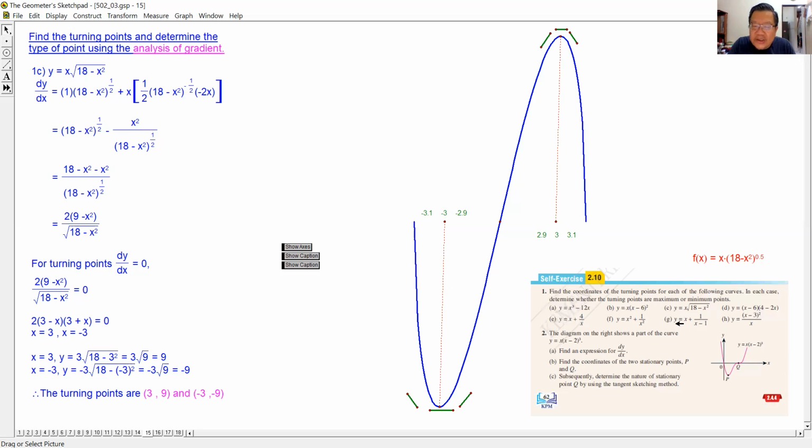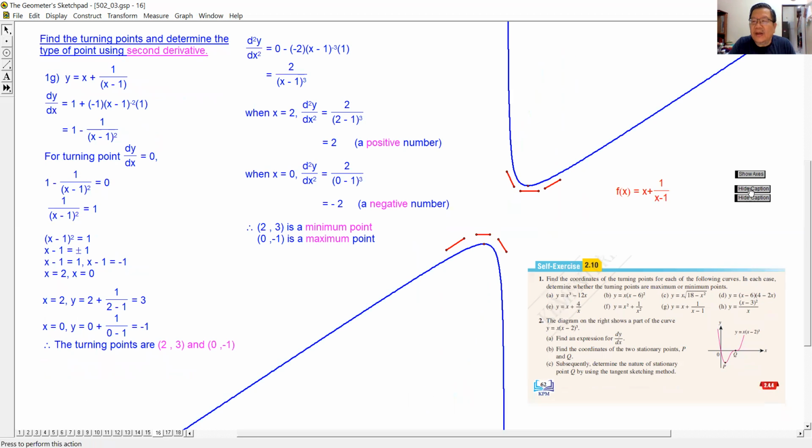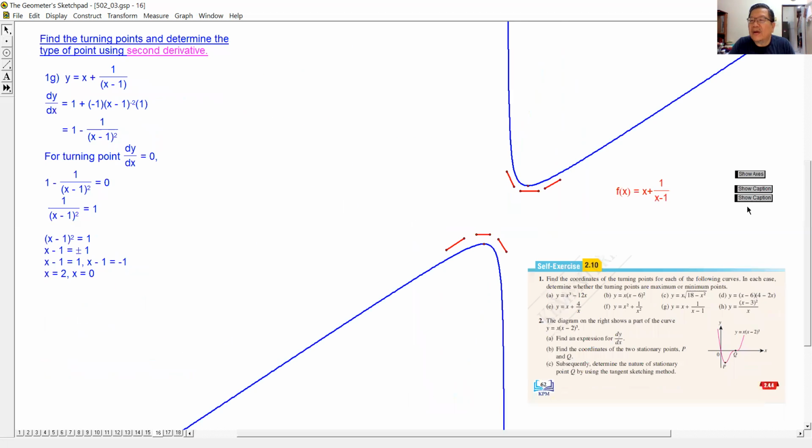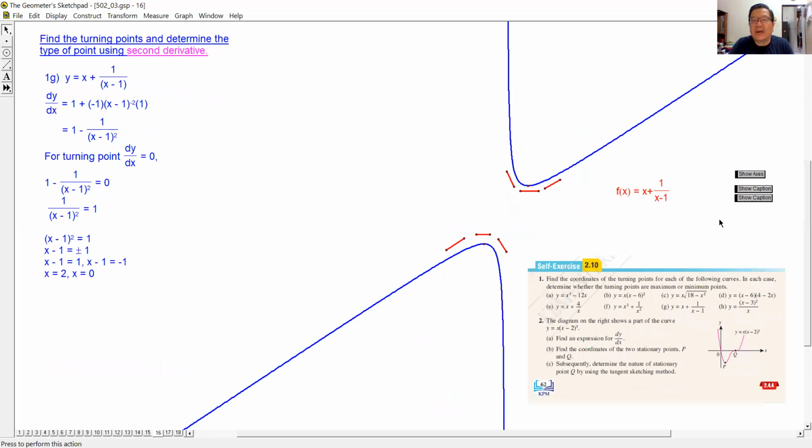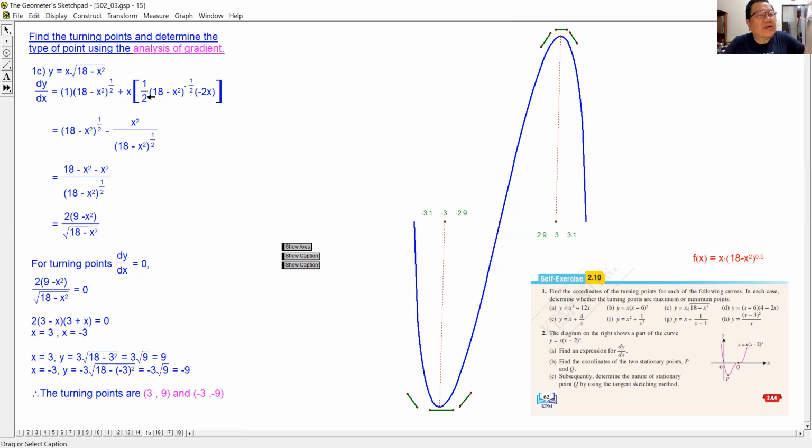So for question G, I'm going to show you using the second derivative. This question we use the second derivative because it is easier to find. For the other question I use analysis of gradient because it is more difficult to find the second derivative.